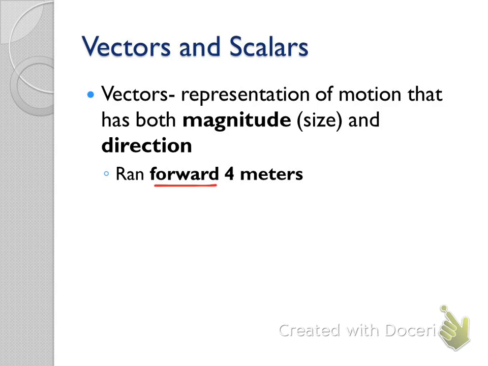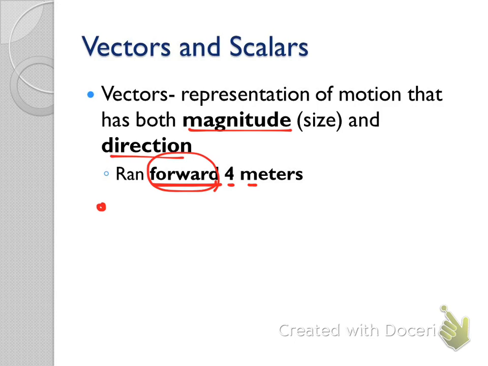Okay, so saying that I ran forward 4 meters is an example of a displacement vector, because 4 meters, that's my magnitude. Forward is telling my direction.